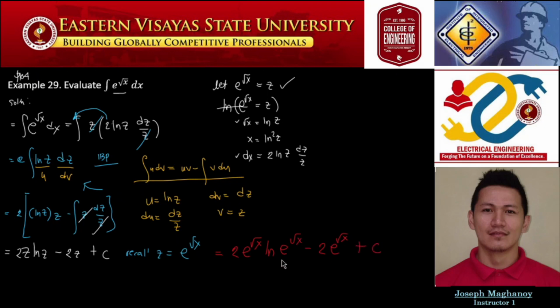Oops, we can cancel out ln e. So finally, we can write our final answer: 2 square root of x times e raised to square root of x, minus 2e raised to square root of x plus c. So that is your final answer for your example number 29.